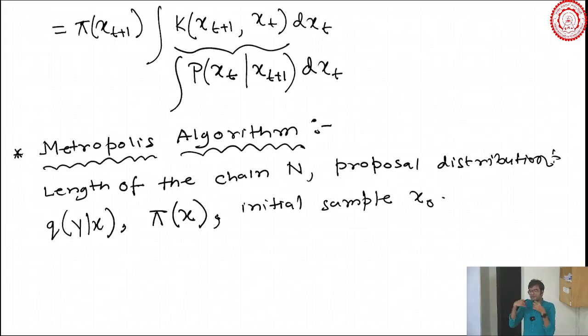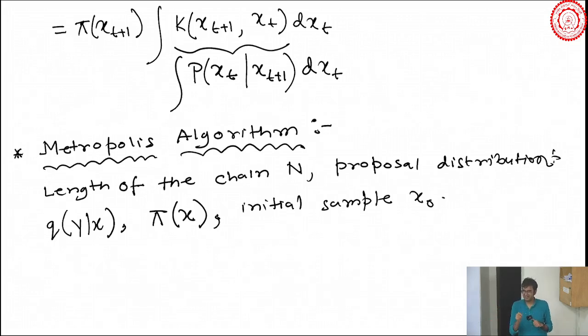If you start from a very good pi, you will converge in maybe 10 steps. If you start from a medium kind of pi, you will probably converge in 100 steps. Very bad, maybe 1000 steps. So the chain will converge. The question is in how many steps it will converge.